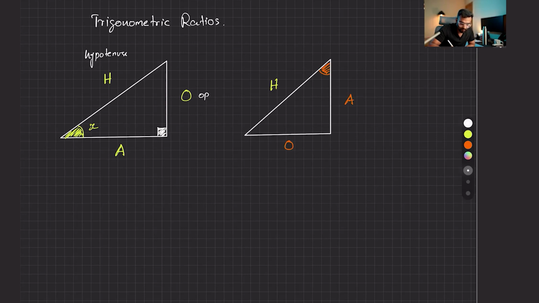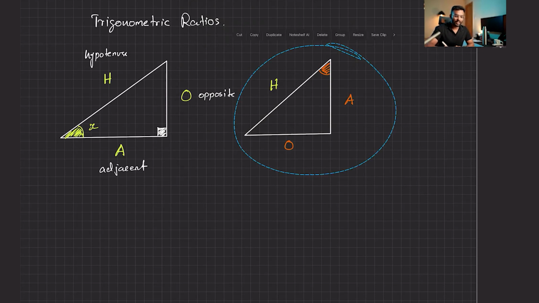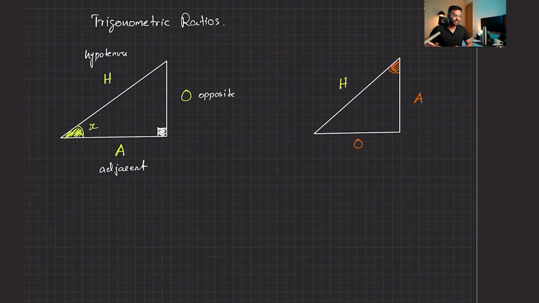This is the opposite side, and this is the adjacent side. Yes, that is the naming, Sarah, correct. So did everyone understand how the naming will change when you look at it? If this is the angle, the opposite side is here, and if this is the angle, that's the opposite side. Just say yes if you did understand this.